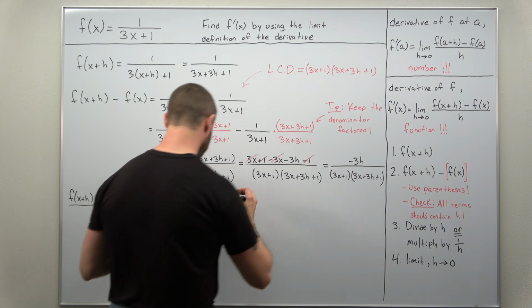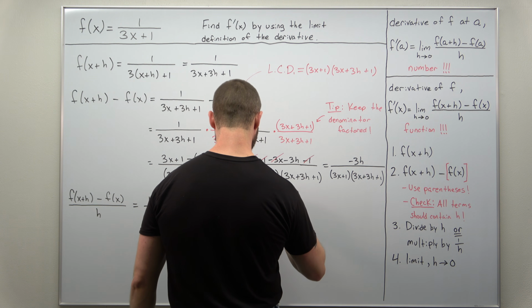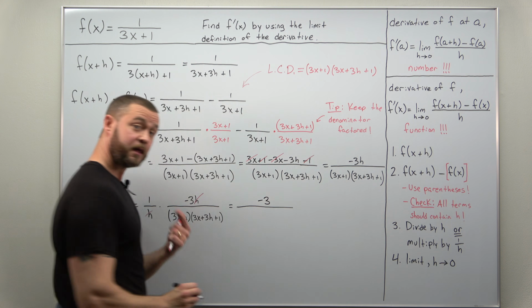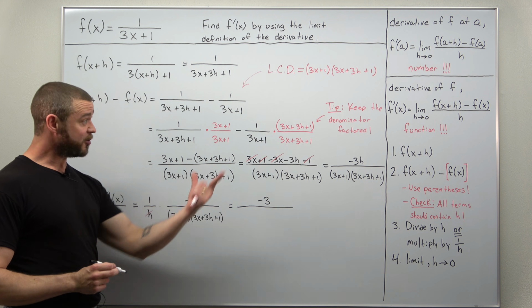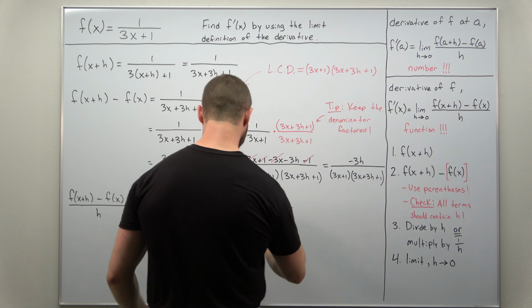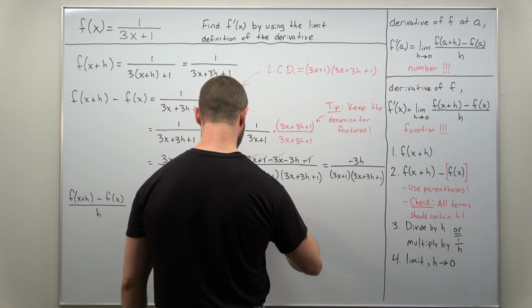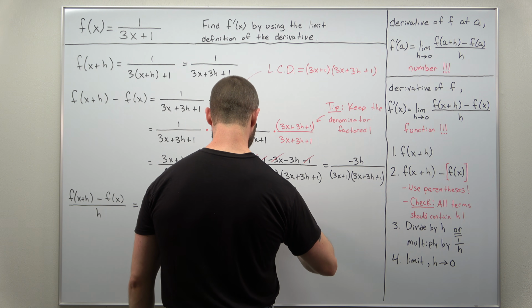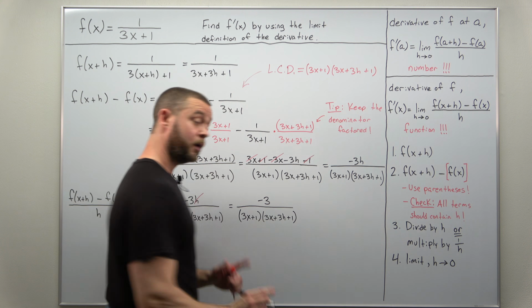And what we get here for our fully simplified step 3 is negative 3 in the numerator and the same factored denominator that we've been writing down through the previous steps. So our denominator is still 3x plus 1 times 3x plus 3h plus 1.